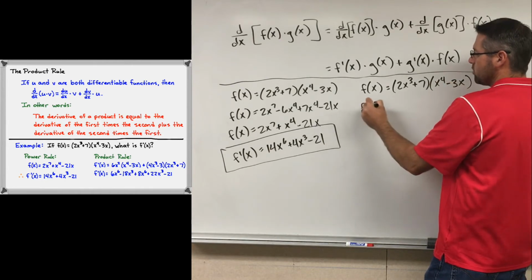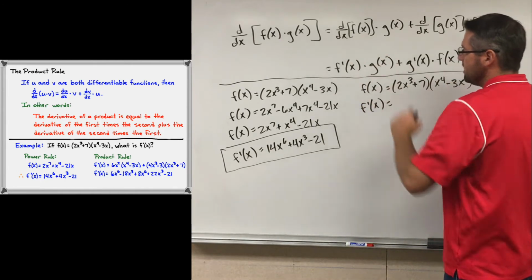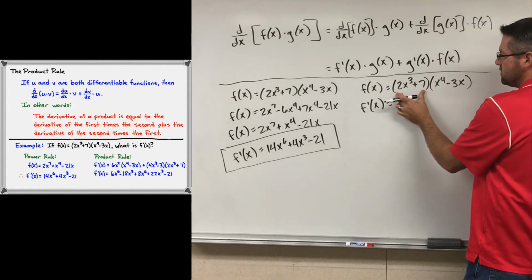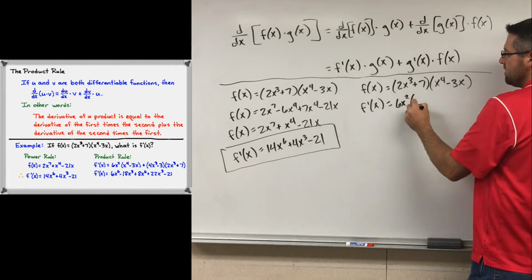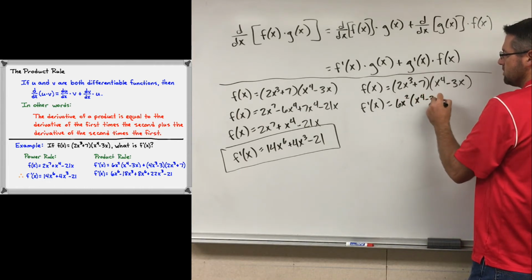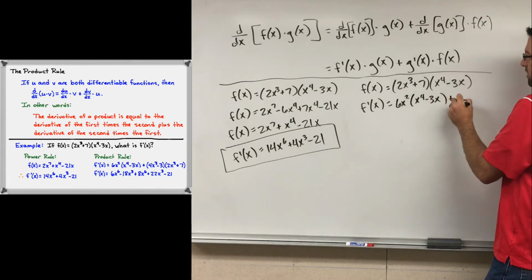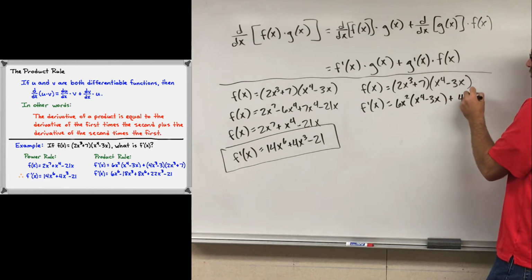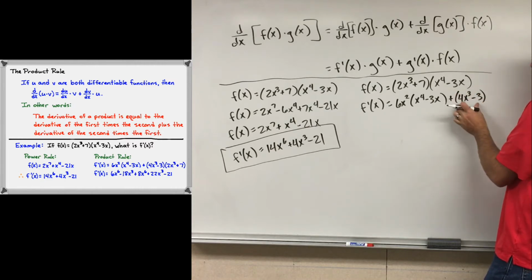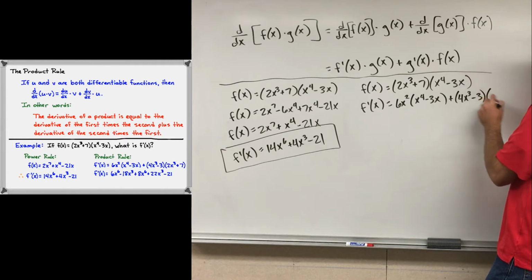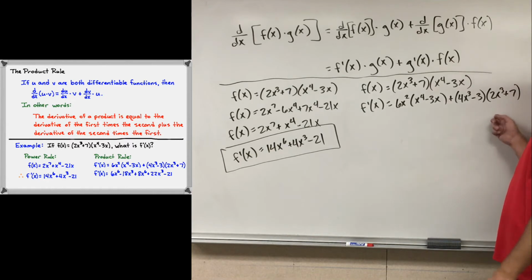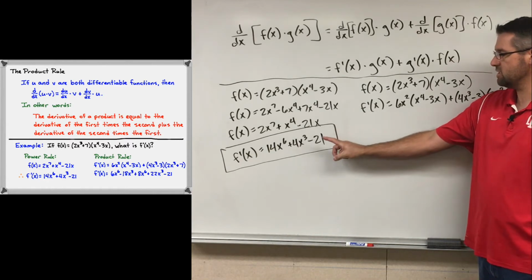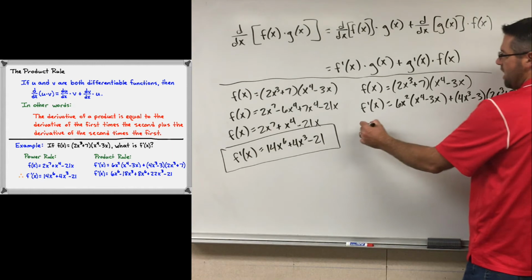Well, remember the product rule right up here says we take the derivative of the first thing, so this is my first term, that would be 6x squared, times the second thing, x to the fourth minus 3x, plus the derivative of the second thing, so that would be 4x cubed minus 3, times, so we want to put parentheses around that whole binomial there, times the first thing, so times 2x cubed plus 7. So there's the derivative. The question is, is this equivalent to that? And so now it's just a matter of algebra.